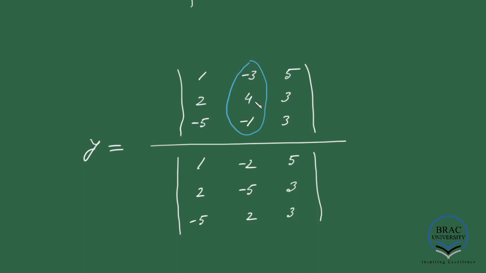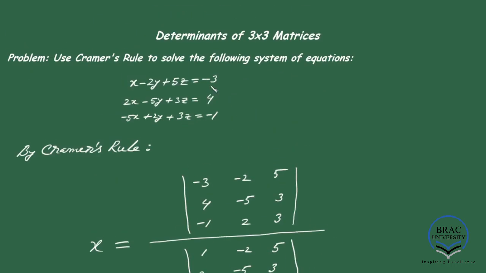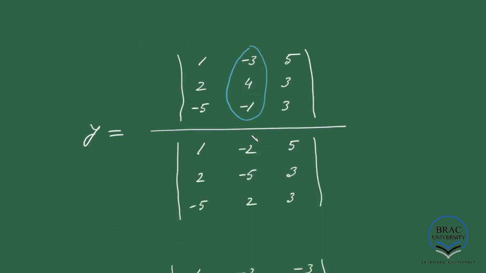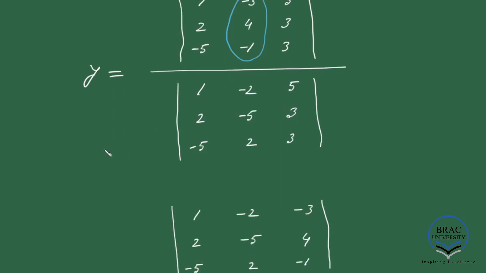As I marked over here, this is the x column, y column, and z column. These are the coefficient values as it appears at the denominator. But in the case of y, this is not the coefficient values. These are the values that appear on the right-hand side of the equation, which are the constant values: -3, 4, -1. And then you just take the determinant of that. That's how you can calculate y.